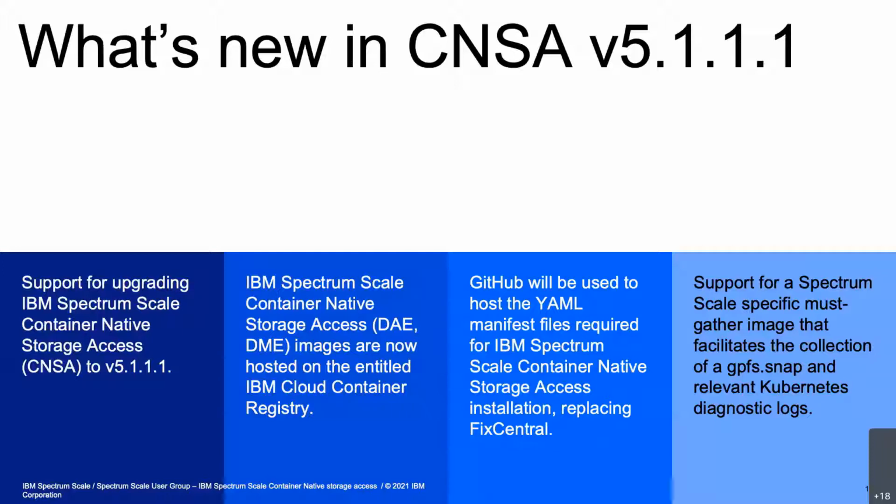So if you run into a failed installation or something with OpenShift, Red Hat, and you want to open a ticket to Red Hat, they will ask you to run an oc adm must-gather to get them some diagnostic logs so they can continue with their debug. This must gather image is following that same kind of suit, except this is specific for your CNSA cluster. So this was another good add for debuggability this release.